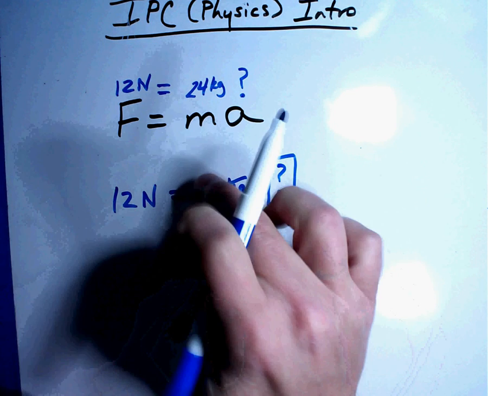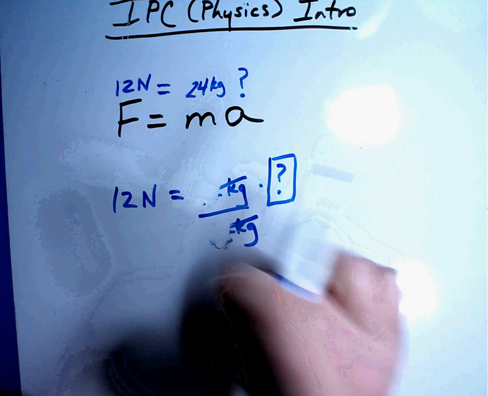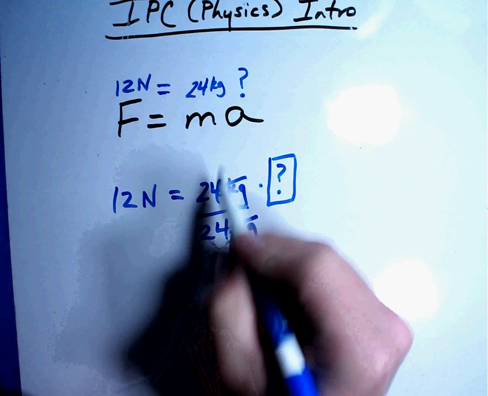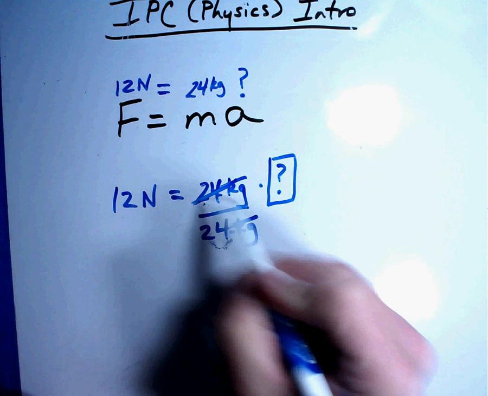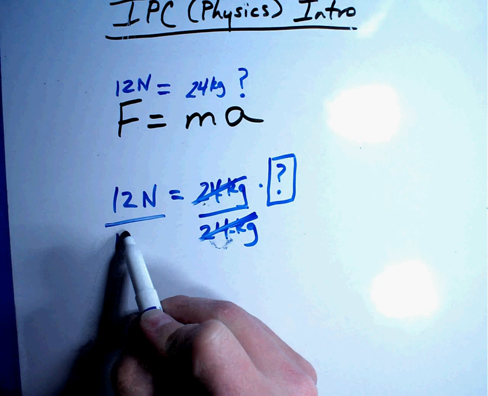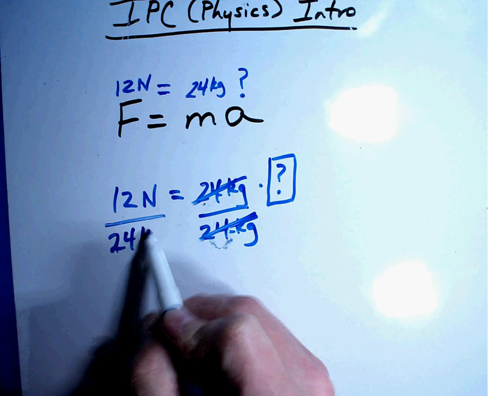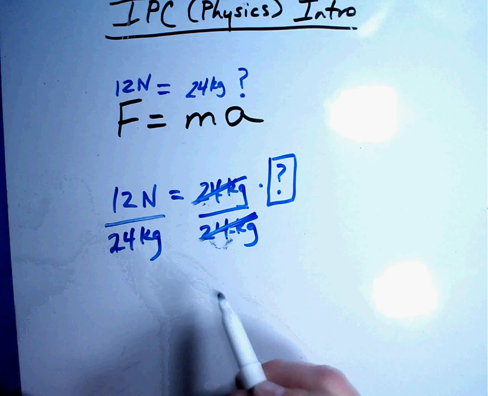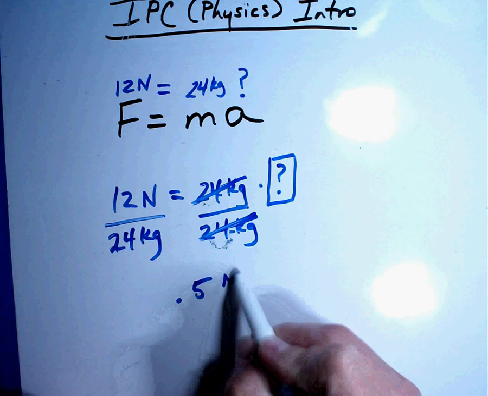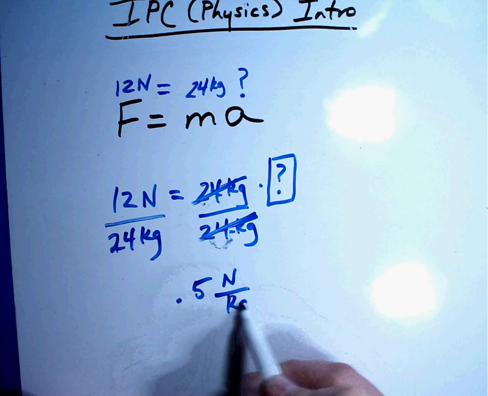Excuse me, I wrote that wrong. I just miscopied it. Divide by 24 kilograms. What I do on one side, I got to do on the other side. 12 divided by 24 is 0.5 newtons divided by kilograms.